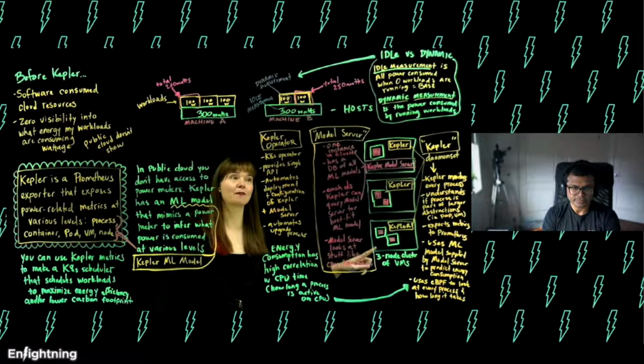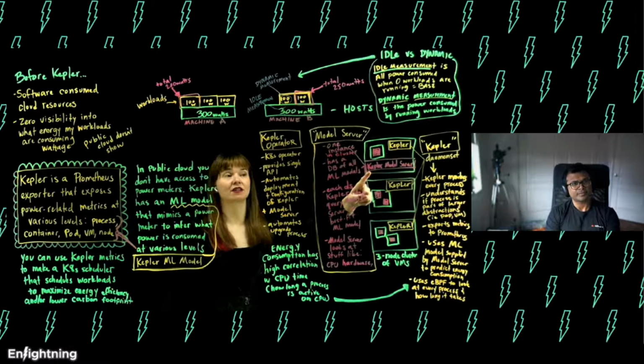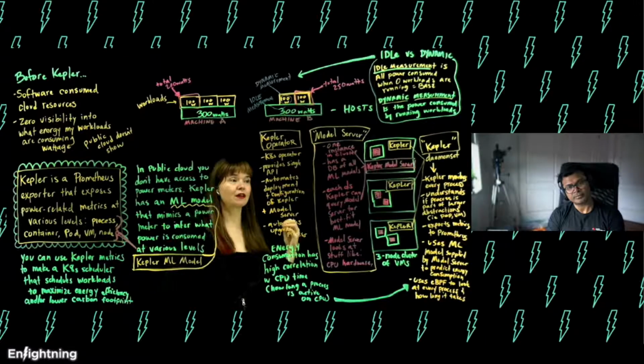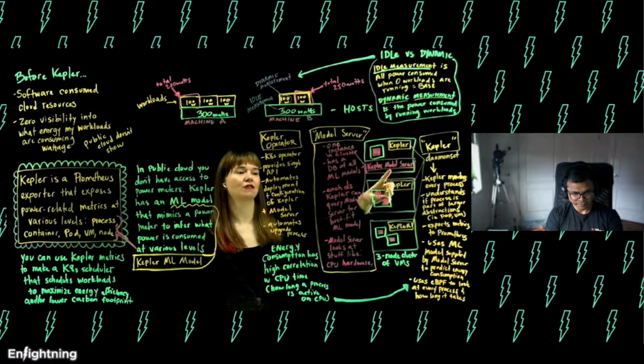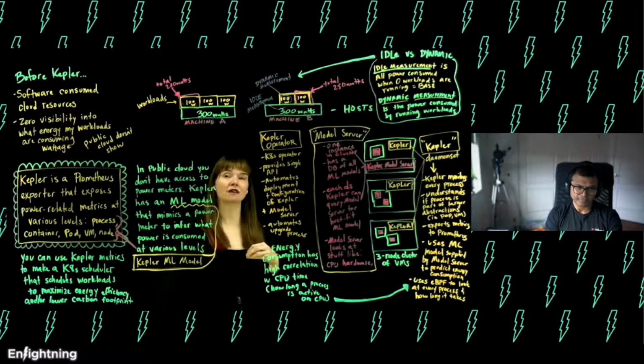It does some more, but I'm going to jump over to the model server. The model server is deployed as 1 instance in the cluster, and it has a database of all the machine learning models that Kepler has. Each instance of Kepler can query the model server and get a best fit machine learning model for whatever's going on in their particular cluster, in their particular node.